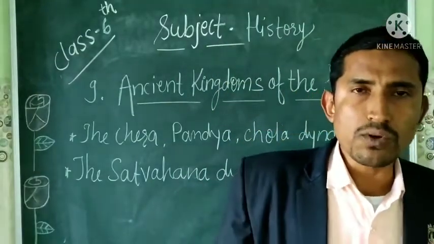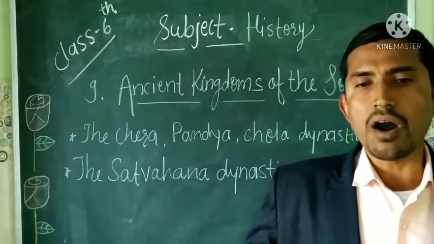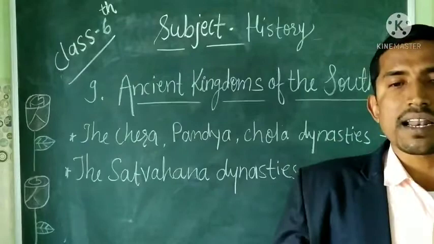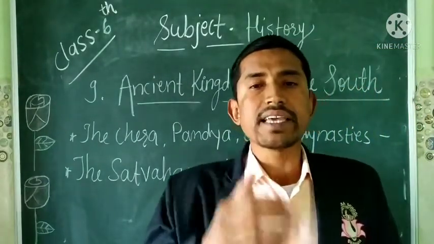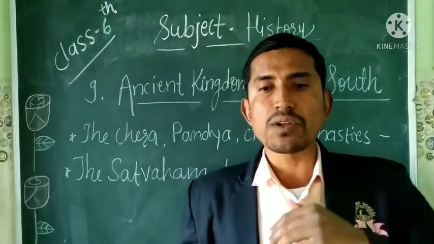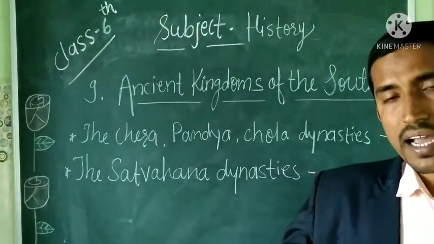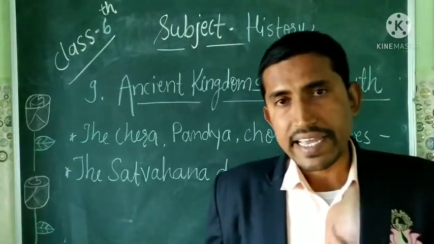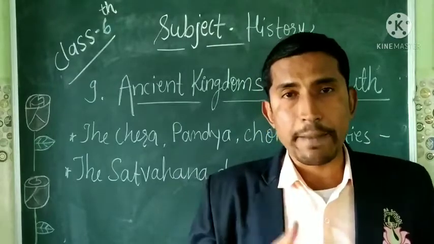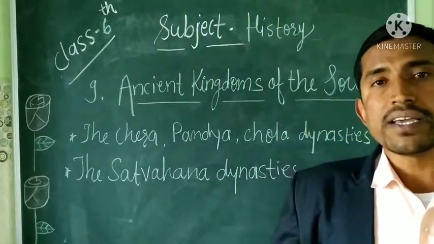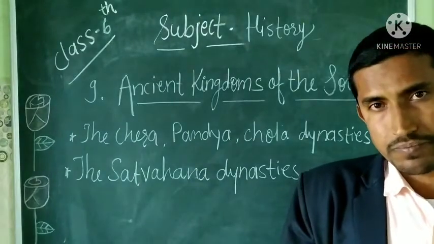Another thing we have to know about the Satvahana dynasty: some of the Satvahana kings were known to write their mother's name before their own name. For example, Gautami Putra Satkarni.